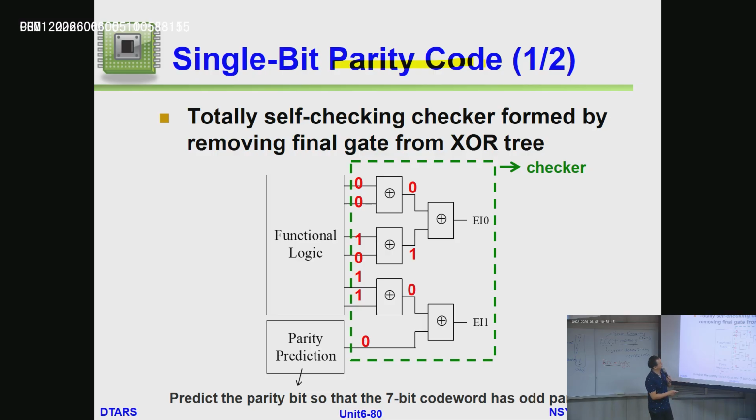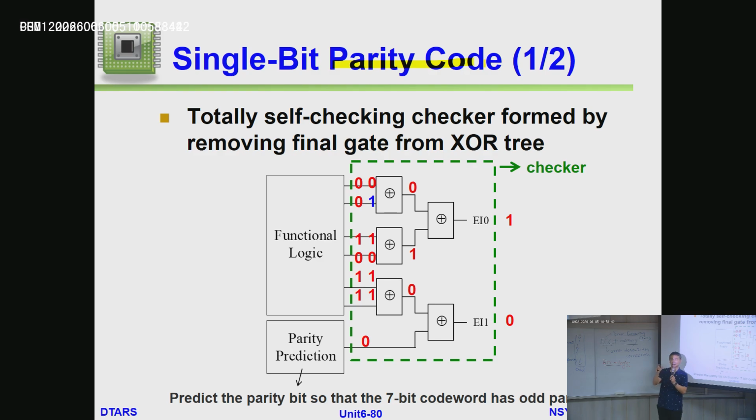For example, if there are some errors inside your functional logic that make this bit flip from 0 to 1, then you will find that its parity changed from originally odd to even. Then we can know there are errors.